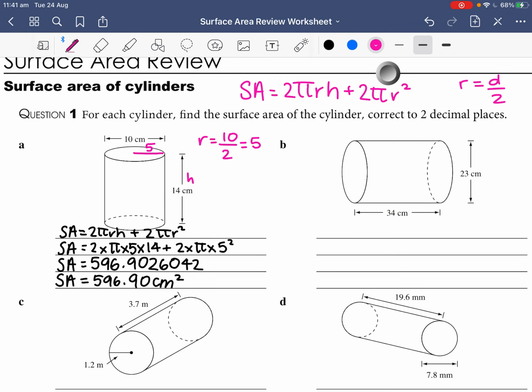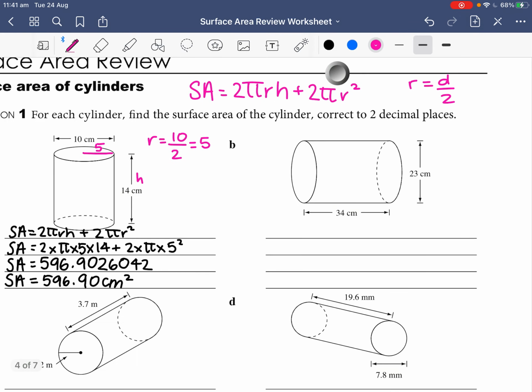For B, again we have our diameter, so we need to write the radius. Our radius here will be 23 divided by 2, which is 11.5. So our radius is 11.5, and our height is 34.